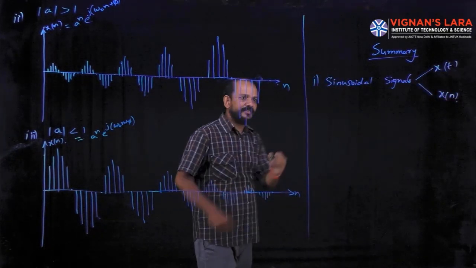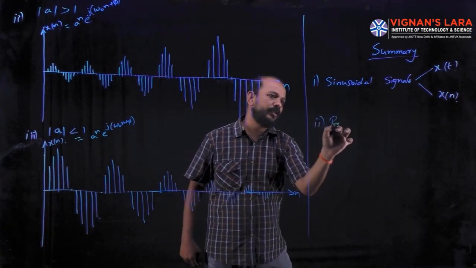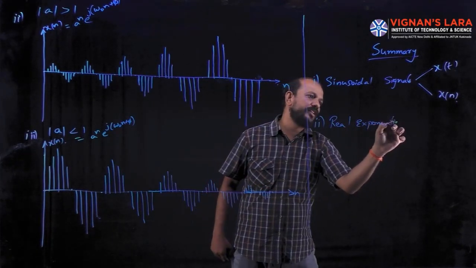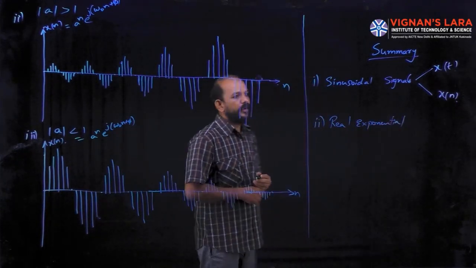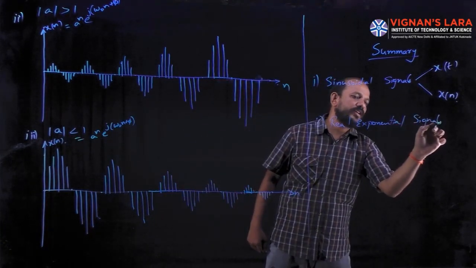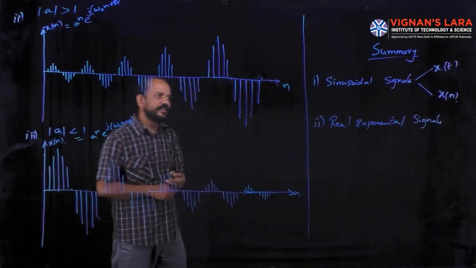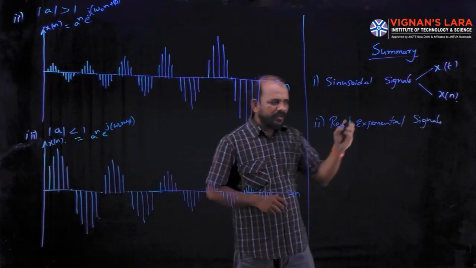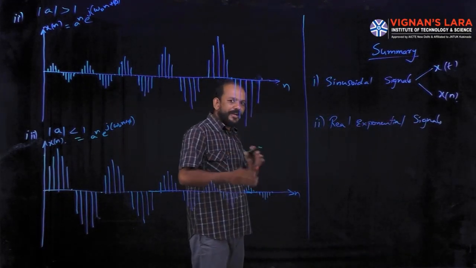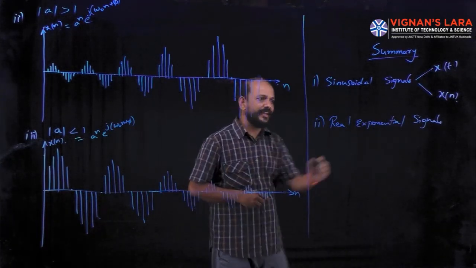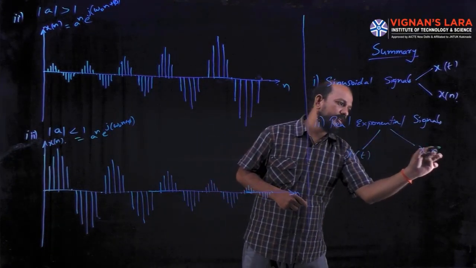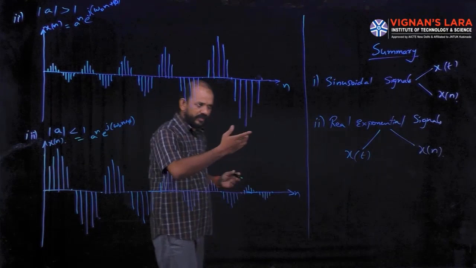Next, I explained real exponential signals. In these real exponential signals also, I explained both continuous time x of t and discrete time x of n.